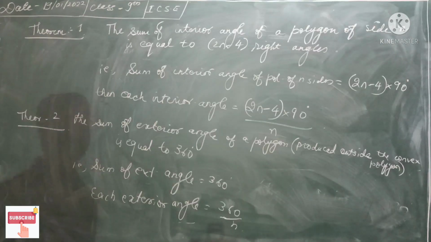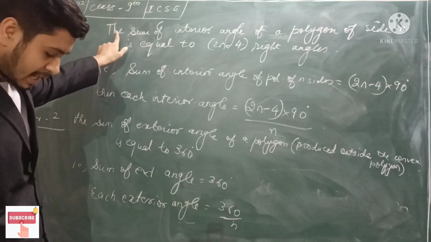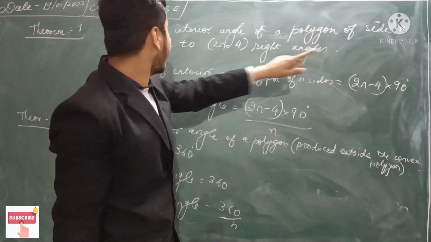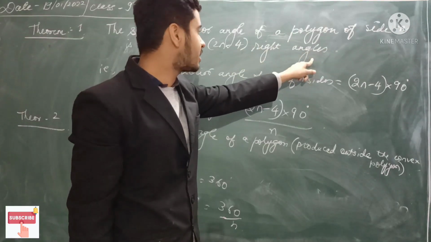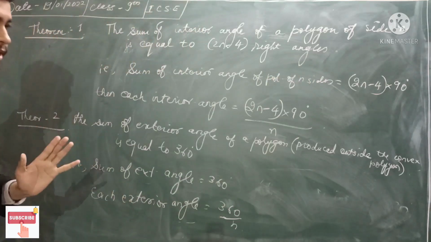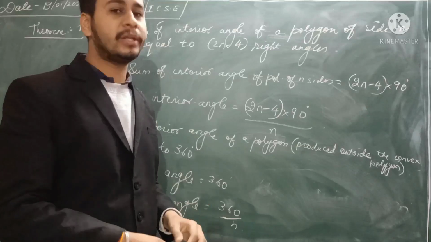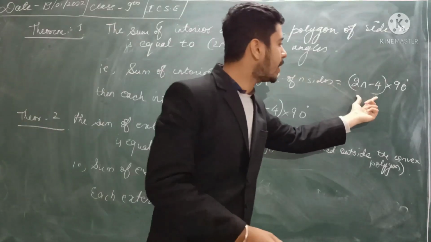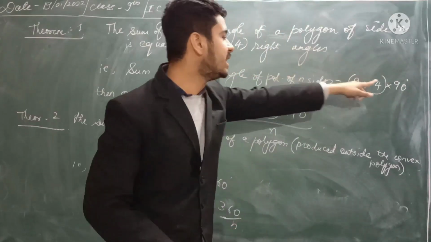Alright, so here are the 2 theorems you have. The first theorem says the sum of interior angles of a polygon of n sides is equal to 2n minus 4 right angles. Okay, so if you want to find the sum of all the interior angles of a convex polygon, you can find it with the help of (2n minus 4) times 90 degrees, since right angles means 90 degrees.